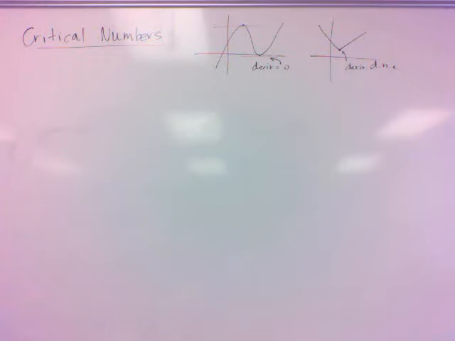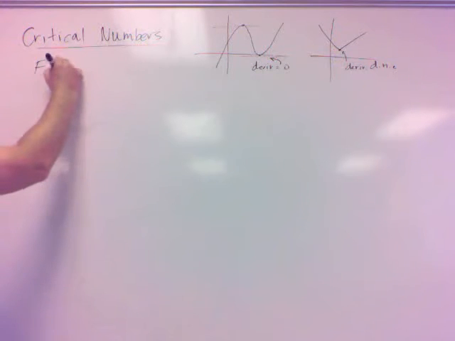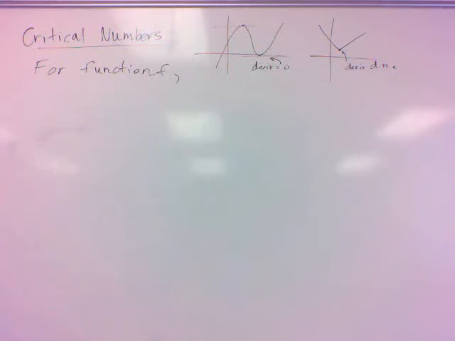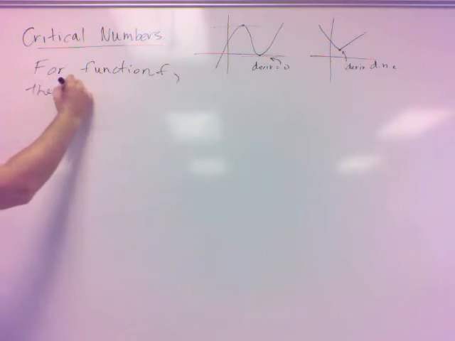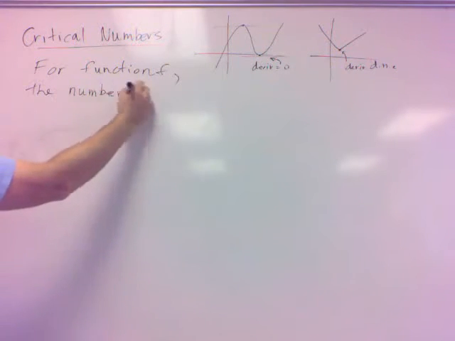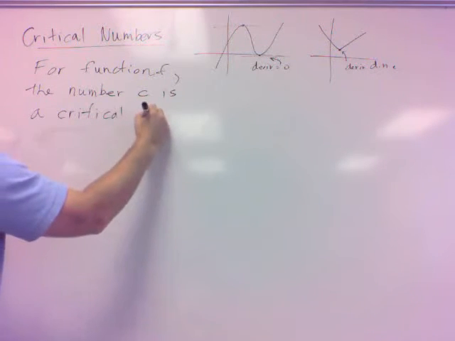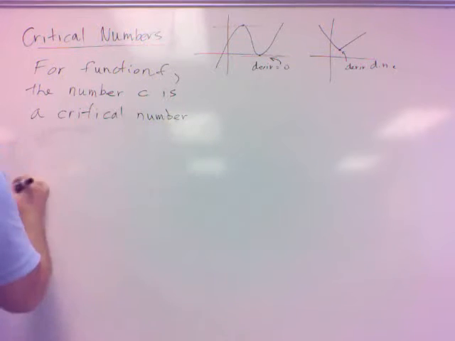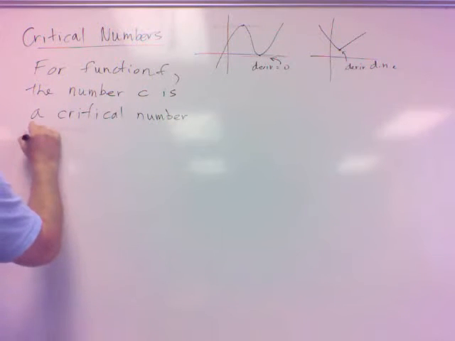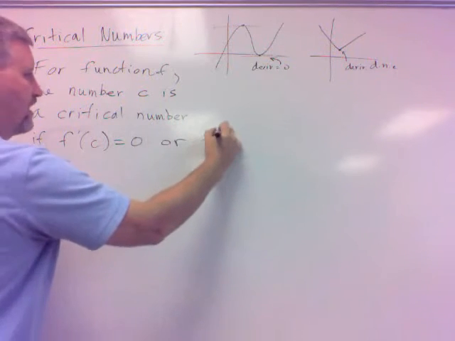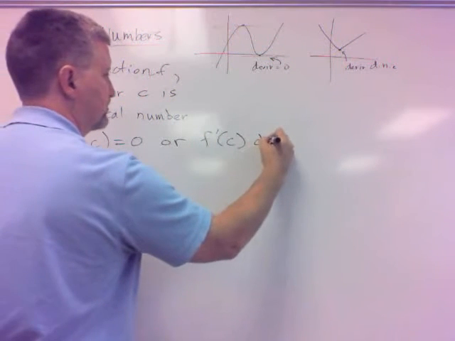For that reason, we're going to talk about critical numbers, and here's the definition of what a critical number is. For a function f, the number c is a critical number if f prime of c equals 0, or f prime of c does not exist.